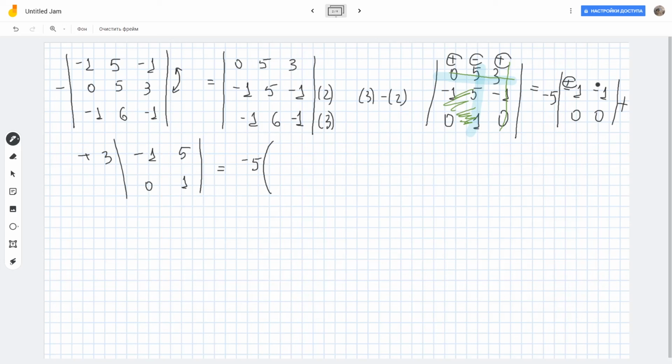As usual, here we have plus, here we have minus, plus, minus, and yeah, here we will have minus 1 multiplied by 0, go like this, minus, because here we have minus, minus 1 multiplied by 0, go like this, plus 3, here we get -1 multiplied by 1, like this, and -5 multiplied by 0.